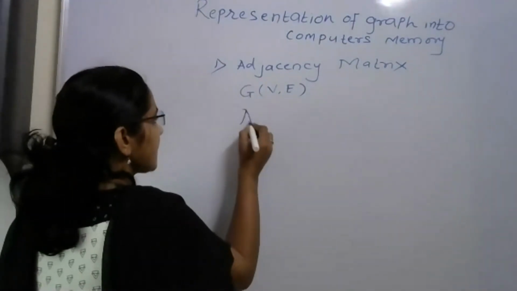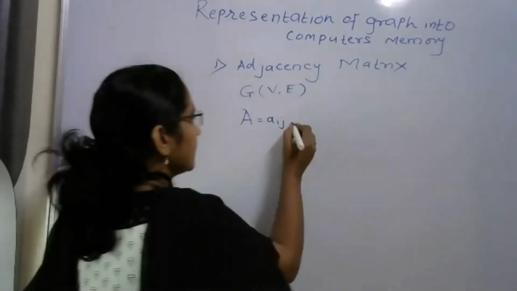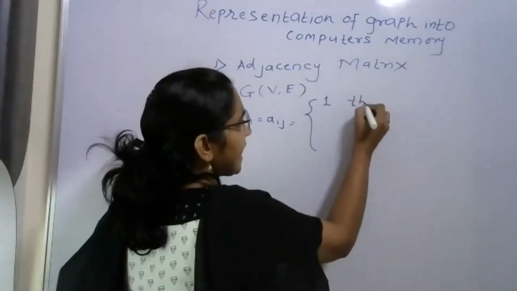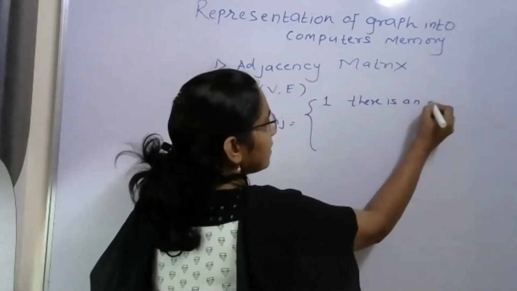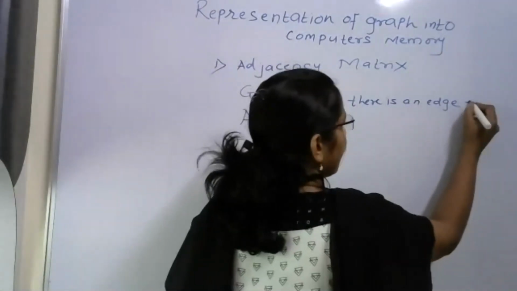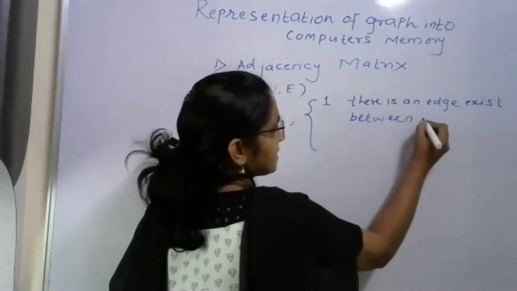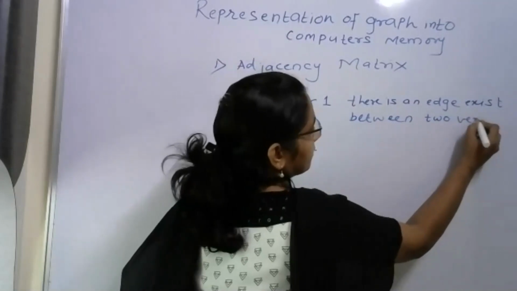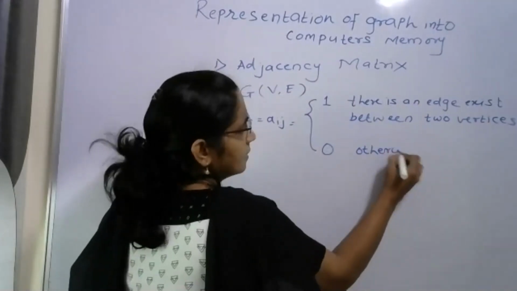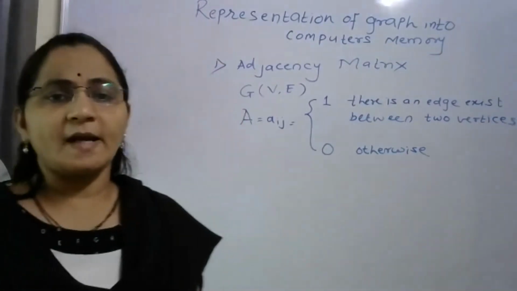Then the adjacency matrix is represented with Aij, that is equal to 1 when there is an edge between the two vertices, and 0 otherwise. So this is actually the definition of the adjacency matrix.